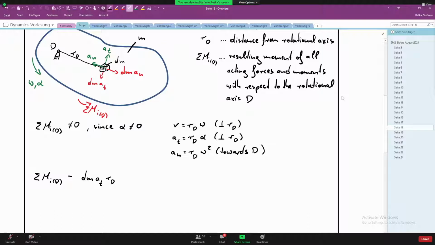And if we integrate this part, we consider the entire rigid body, not just one mass element, but all the tiny mass elements that form our rigid body. And this is 0.